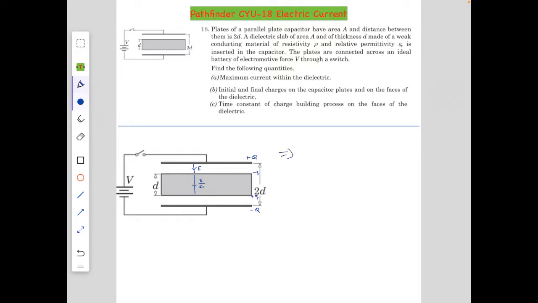So the potential difference across the plates is V equals E times d plus E by epsilon r times d. So from here, the electric field E is equal to V by d times epsilon r over epsilon r plus 1.